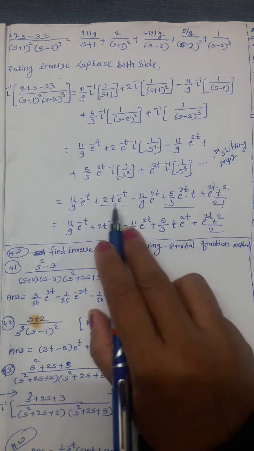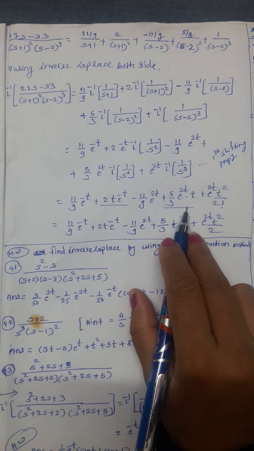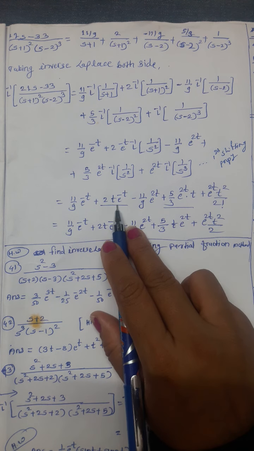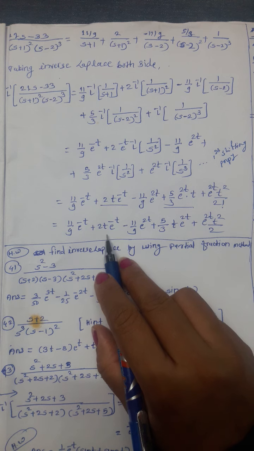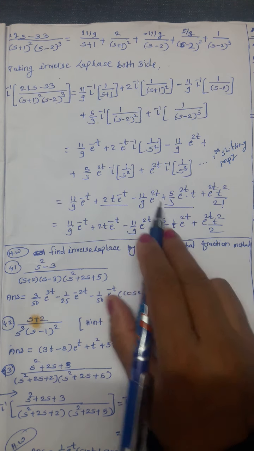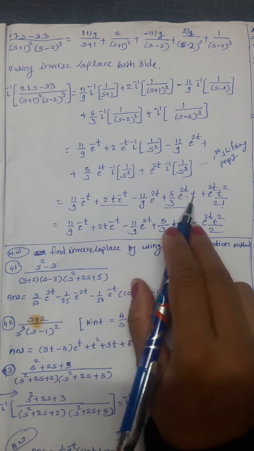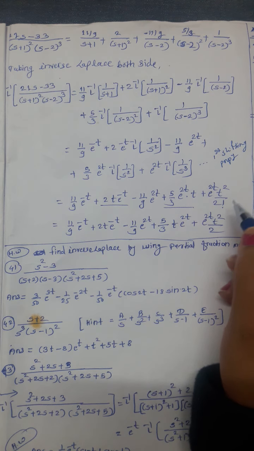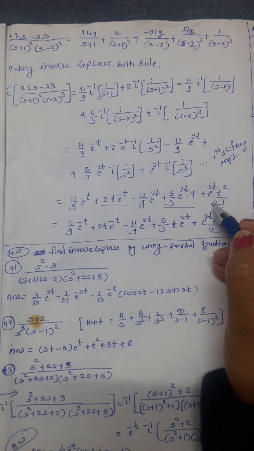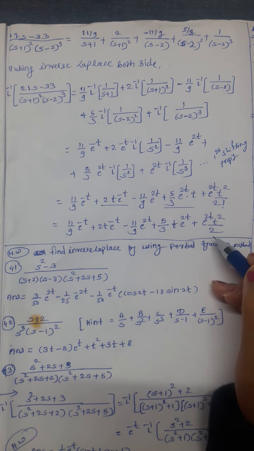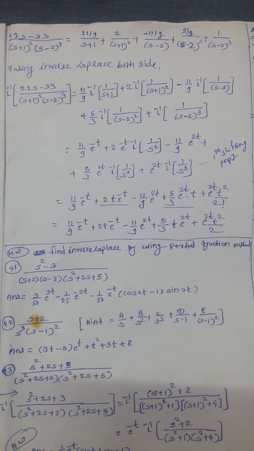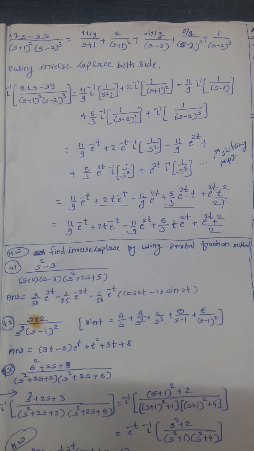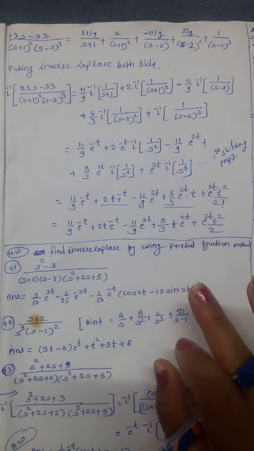Only these two terms can be added, because they have e raised to 2t. The others cannot be added because they are totally different terms. You can make this 2 factorial just 2. This is our final answer for this partial fraction method example. This is the biggest example in this topic.